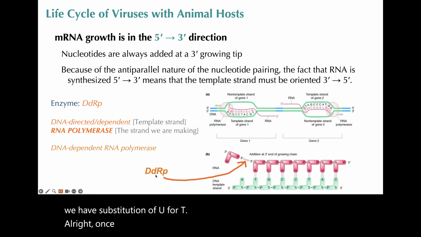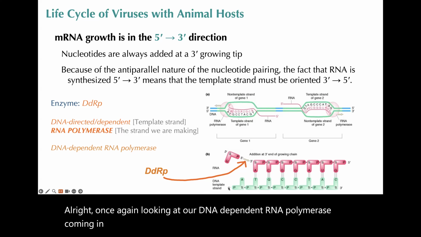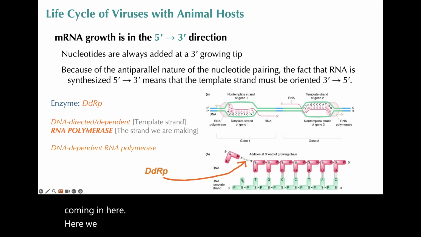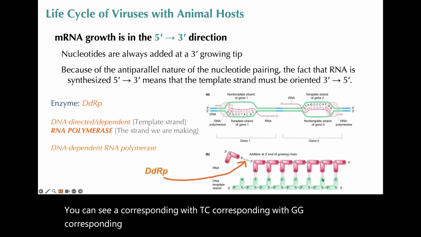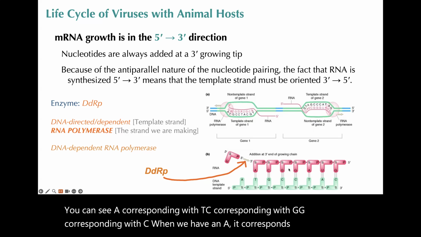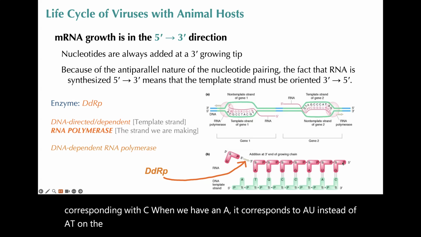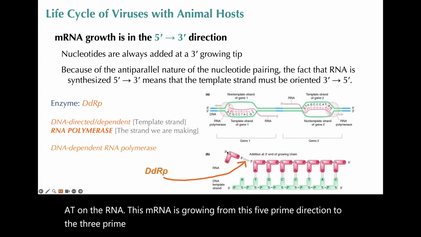Once again, looking at our DNA-dependent RNA polymerase coming in here, you can see A corresponding with T, C corresponding with G, G corresponding with C. When we have an A, it corresponds to a U instead of a T on the RNA. This mRNA is growing from this 5' direction to the 3' direction right here.